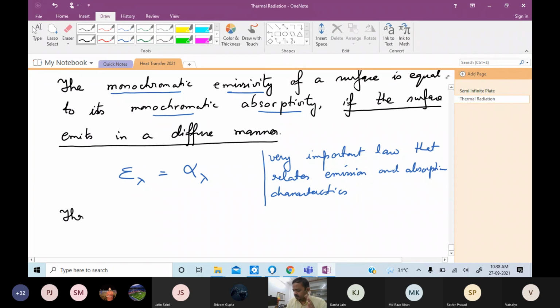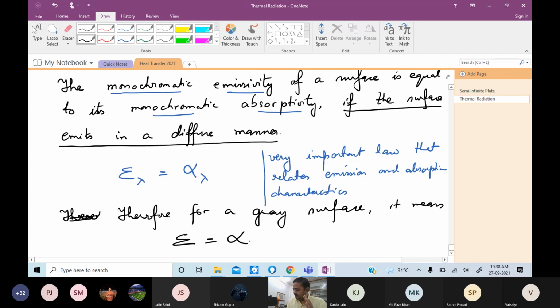So therefore, for a gray surface, it means epsilon equals alpha for a gray surface.